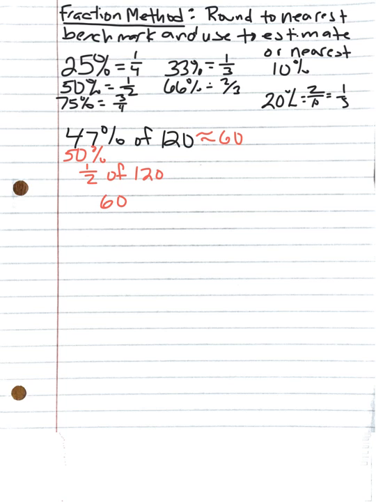So why don't you try this one on your own? What if you wanted to find 67% of 12? Right? So we want to think kind of in terms of compatible numbers. Here, I might make 67 into 66%, because I know that 66% would be the same as finding 2/3 of 12.